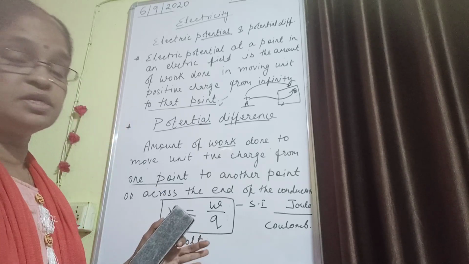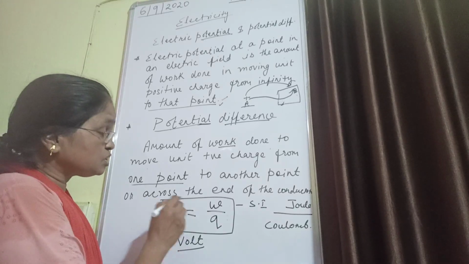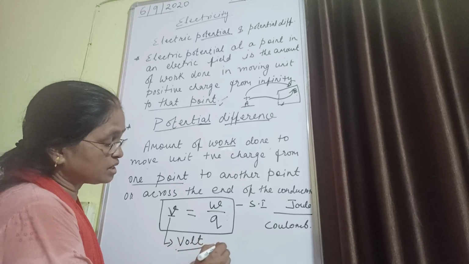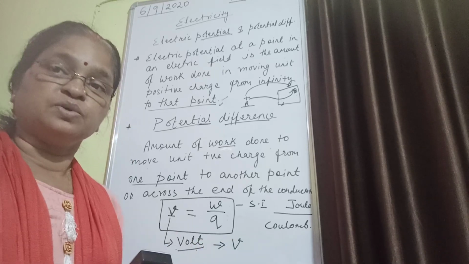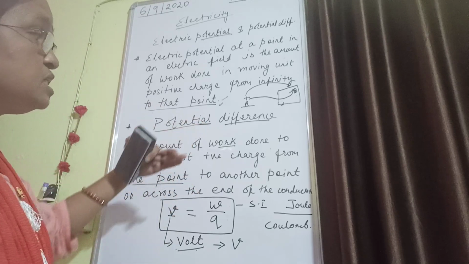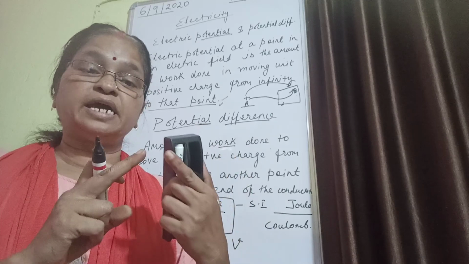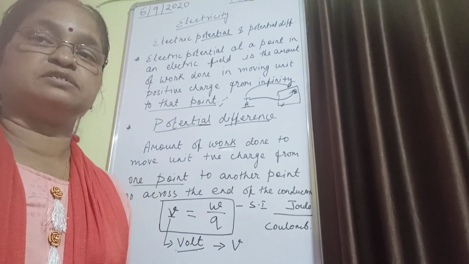So I think, students, you will not get confused here. Potential difference is shown by V, and the SI unit you can also show by V, or you can write it as volt. So this is the potential difference: difference in strength, so that charge flows from one point to another point.